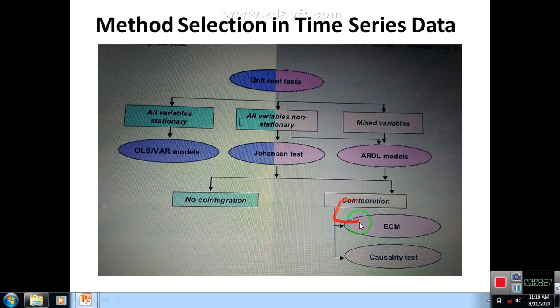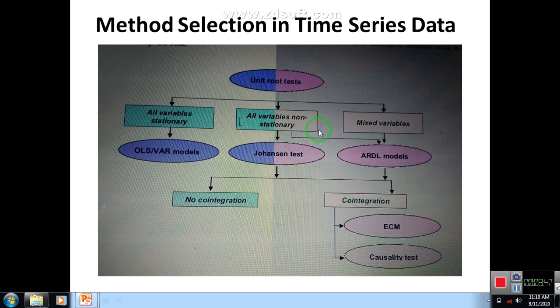By co-integration, we mean the long run relationship: whether there is any long run relationship between the variables of the model which we are going to estimate or not. The Johansen co-integration test tells us the co-integration.